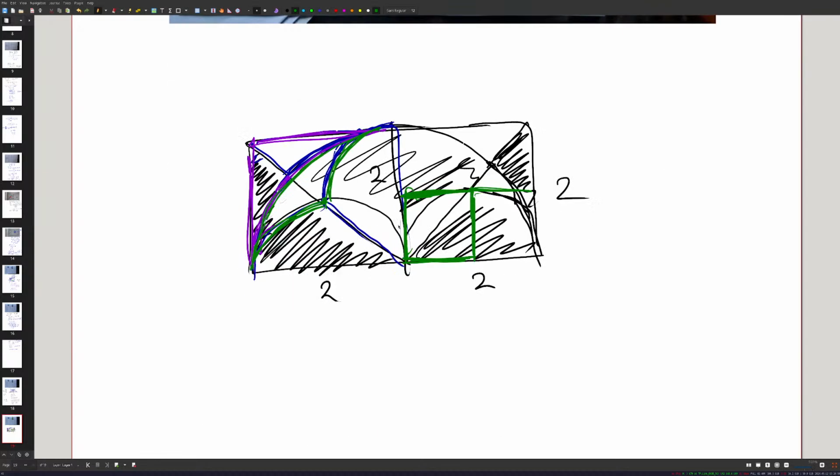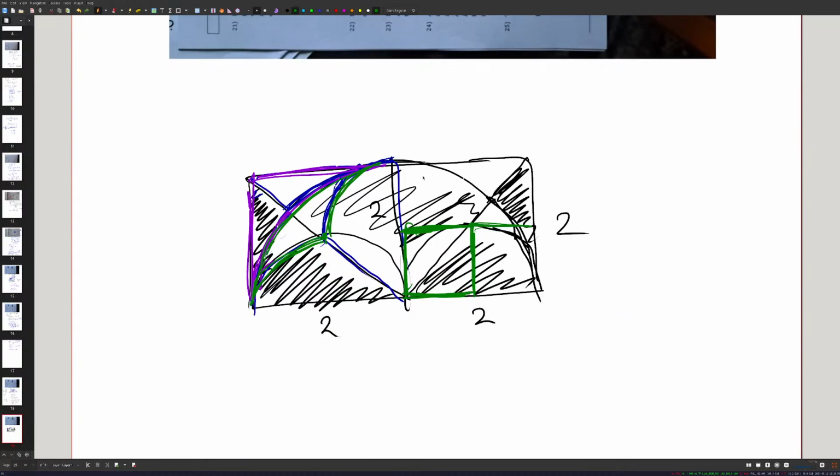We know this triangle. So then we know the area of that piece. We know the area of that piece. Then we need the area of that piece. So this colored section over here is a quarter of a circle with radius 1.